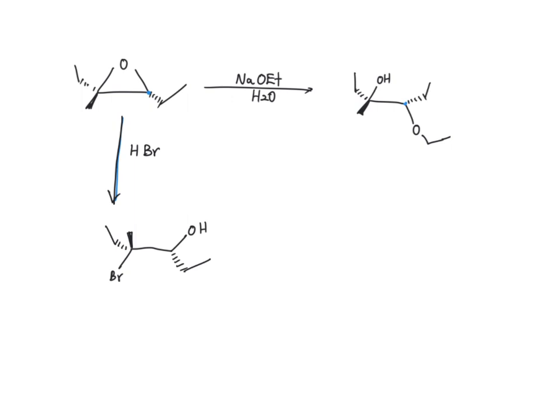So in this case, what we are seeing here is acid catalyzed ring opening. We have the nucleophile added to a tertiary carbon, electronic effect wins. So this is the end of the video. I will see you all in class.